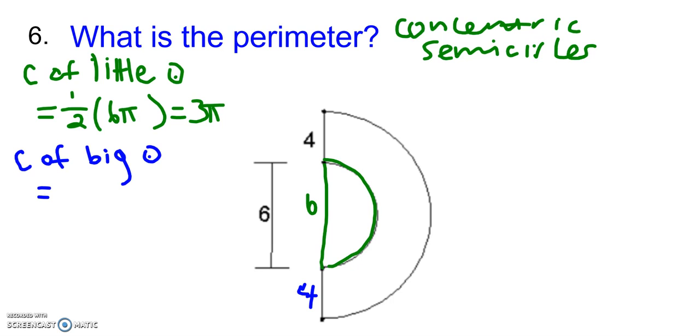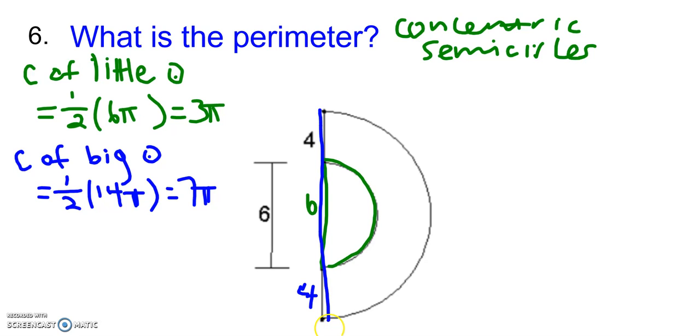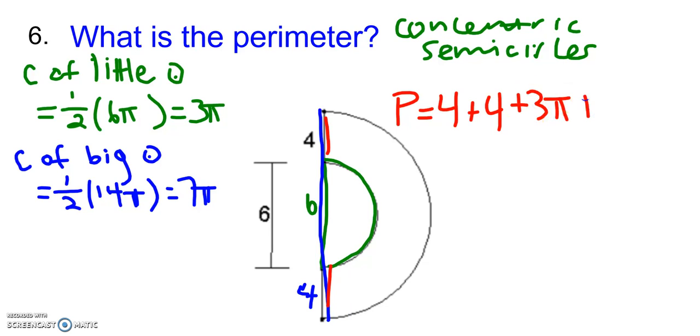This is going to be 1/2 times 14 pi, which equals 7 pi, right, because that was our big diameter. Then the perimeter of the whole figure is going to be 4 plus 4, so our 2 little straight edges right here, plus 3 pi plus 7 pi, the 2 pieces of each circle, which will give us 8 plus 10 pi. Okay.